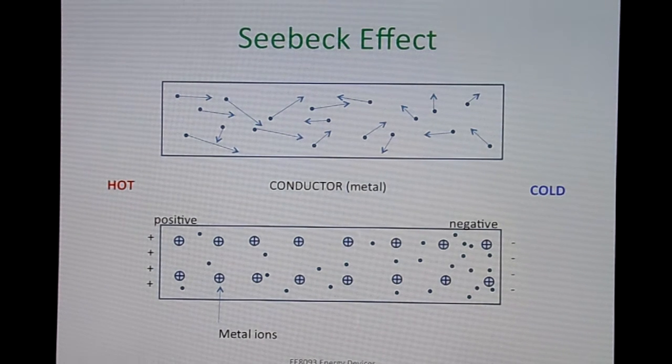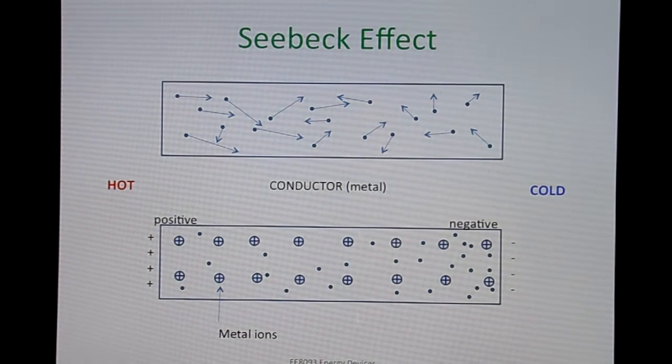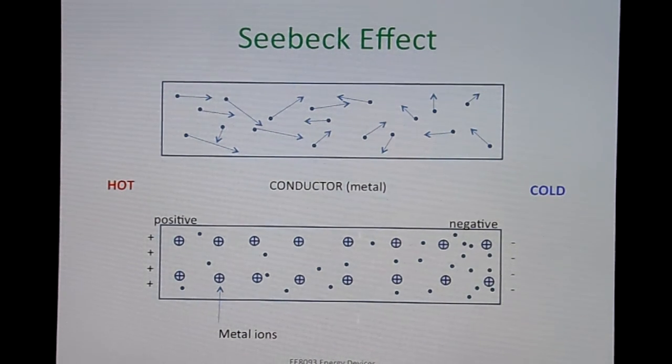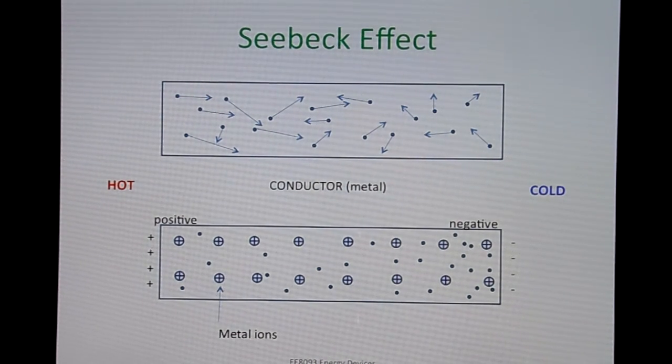Let us look at the physical principle behind the Seebeck effect in more detail. We will start with the simplest case, which is the Seebeck effect in a conductor or a metal.